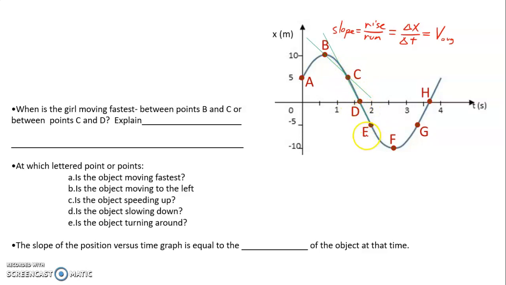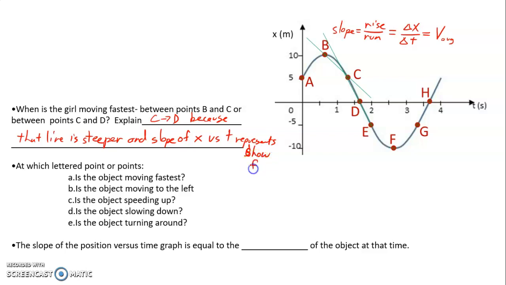They're both negative, but the steeper slope is from C to D. So C to D, because that line is steeper and slope of position versus time represents, let's say, how fast an object is moving.